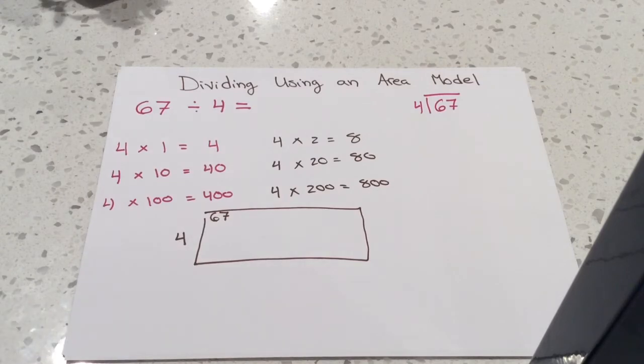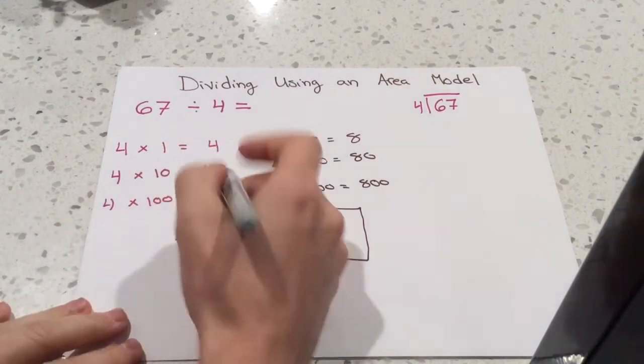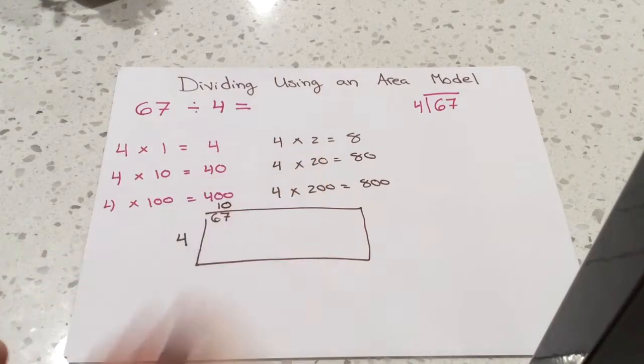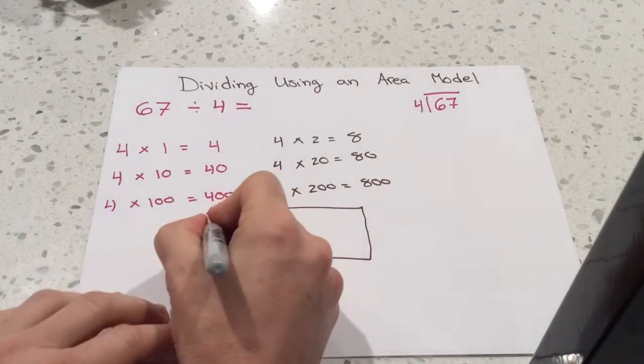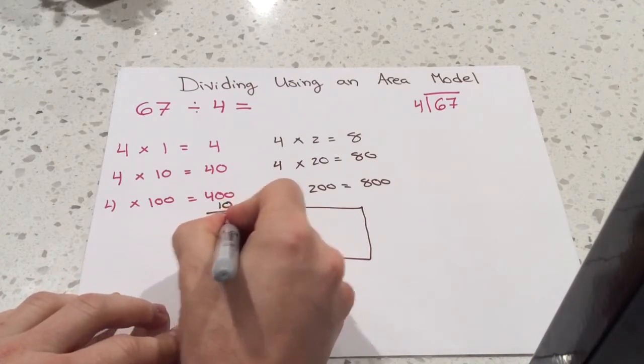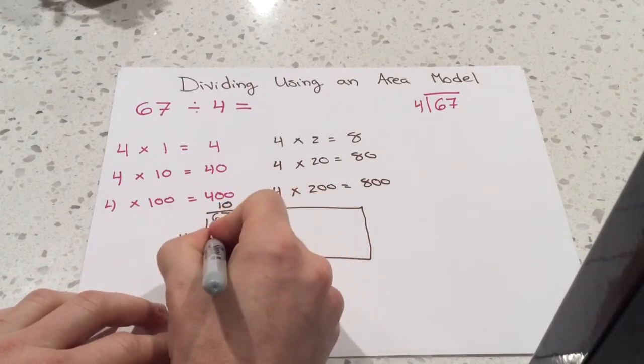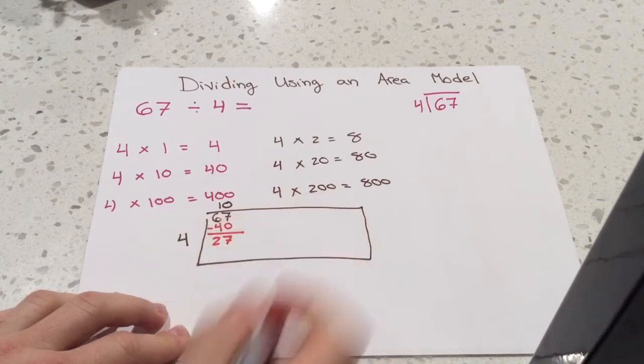So I'm going to take out 10 groups, and I put a little 10 right on top. When I take out 10 groups of 4, I'm subtracting out 40, and it leaves me with 27.